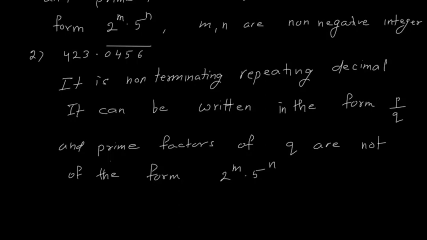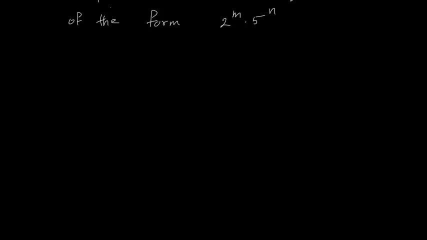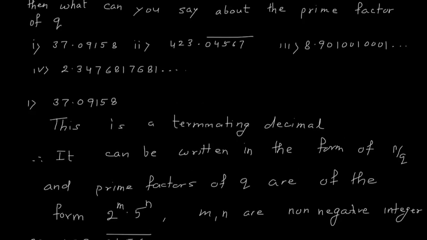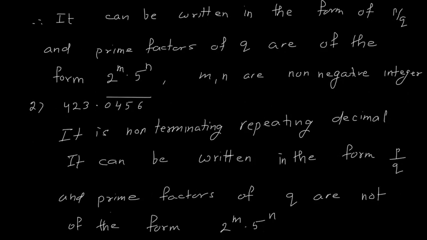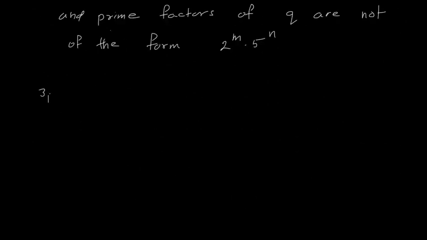Third question, if we see third question, it is 8.90, then 100, then 1000, then 1, then so on. So it is non-terminating, non-repeating.